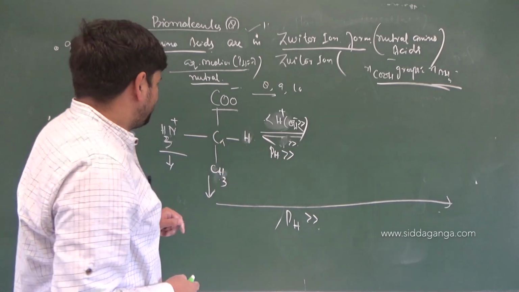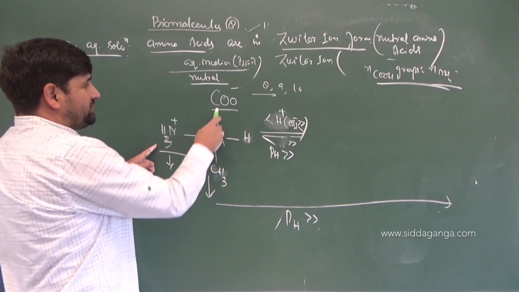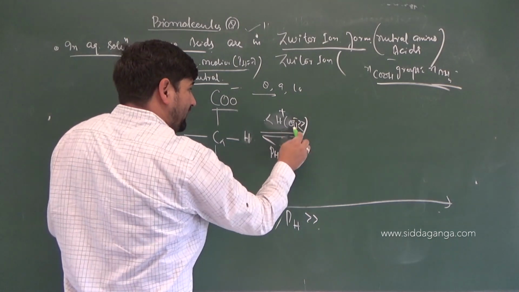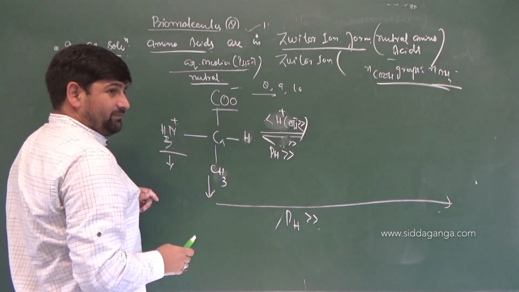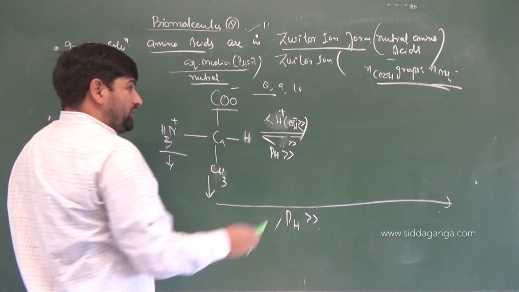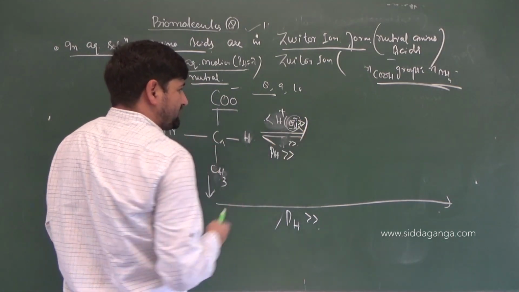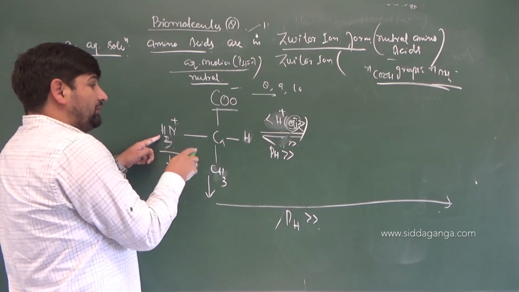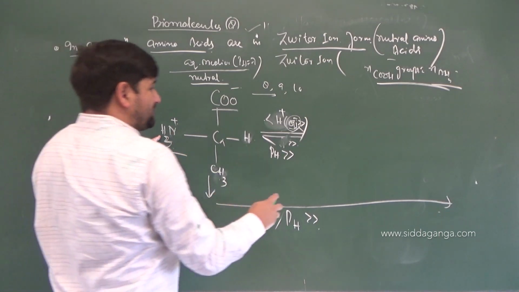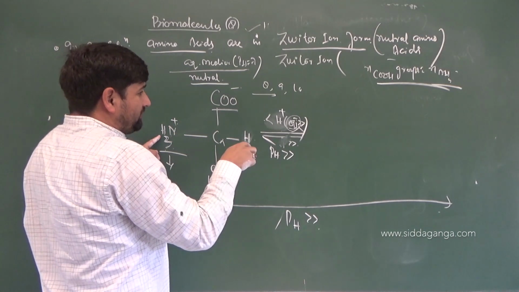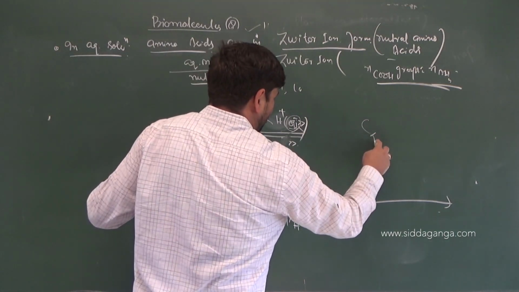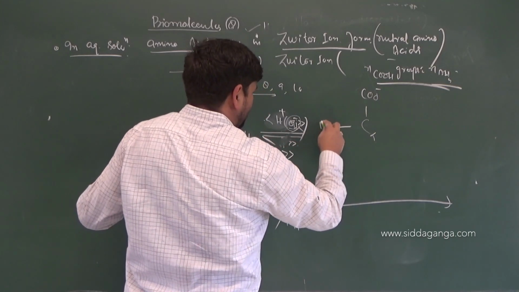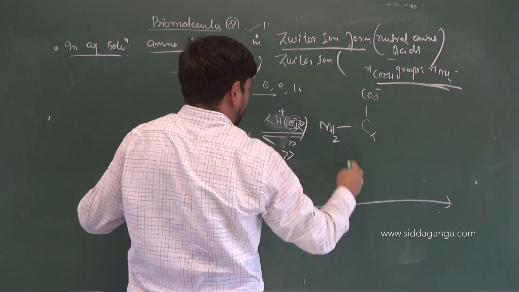As this happens, there are two regions present here, COO minus and NH3 plus. Already the OH minus ion concentration is higher, right? So if the OH minus ion concentration is higher, this NH3 plus will lose a proton. After losing the proton, it will convert to NH2.